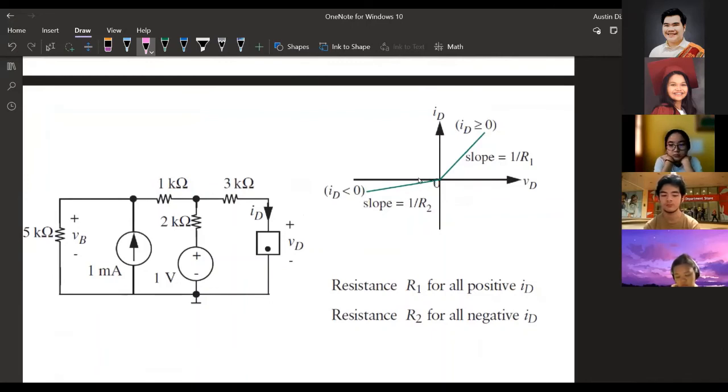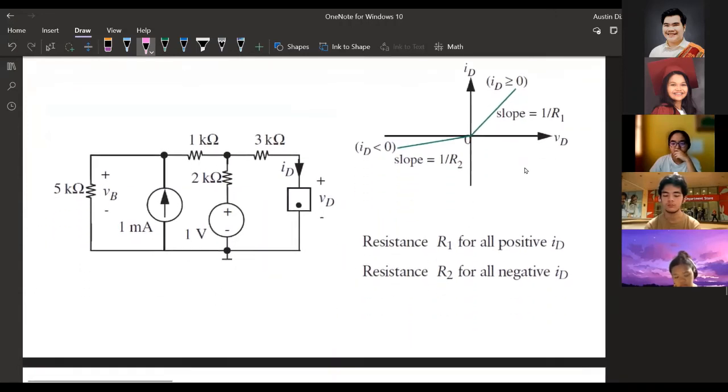Okay. Kapag negative si VD, ang nangyayari sa kanya, meron siyang slope na 1 over R2, therefore meron siyang resistance na R2. Okay? Kapag positive si VD, meron siyang slope na negative 1 over R1, then R1 yung resistance niya. Okay?